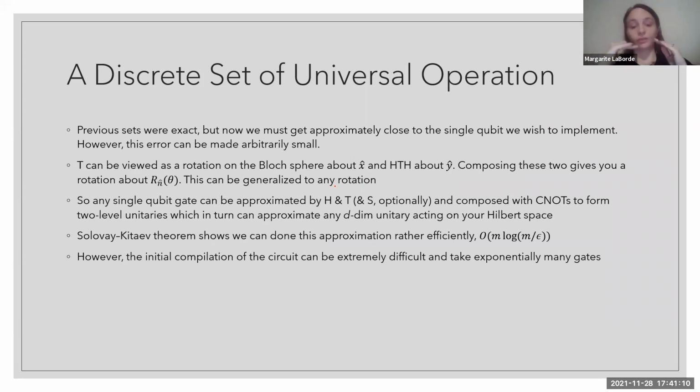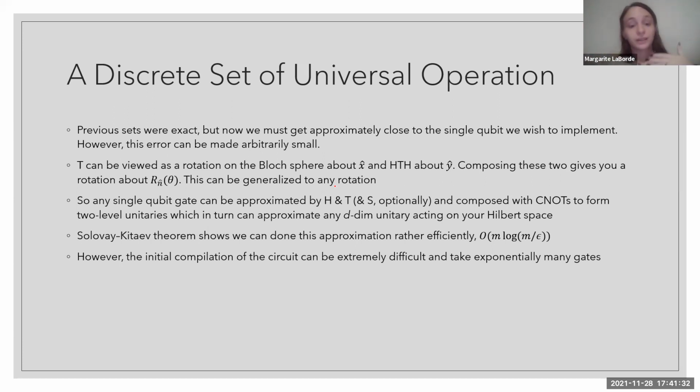That's where we're going to try to get a discrete set. Obviously there are infinitely many 2-level unitaries, and also infinitely many local unitaries we could do. So infinitely many 1 qubit unitaries and CNOT is not a discrete set.